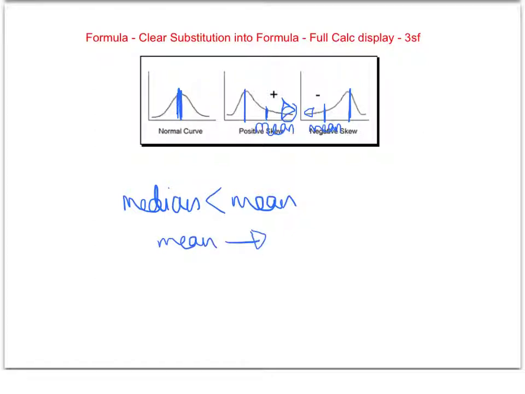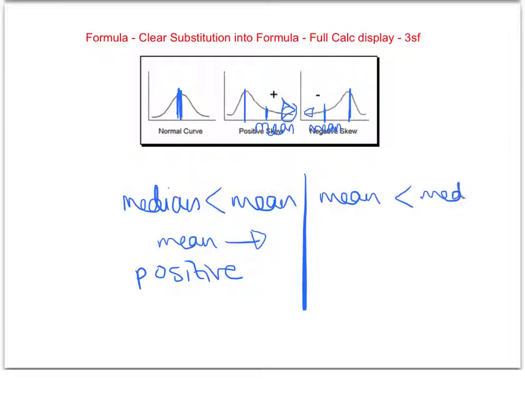And if your mean has been pulled to the right, that's a positive skew. Whereas, if you have a look at your mean and you see that it is much smaller than the median, or even a bit smaller, then you know that your mean has been pulled to the left-hand side, so that's a negative skew.